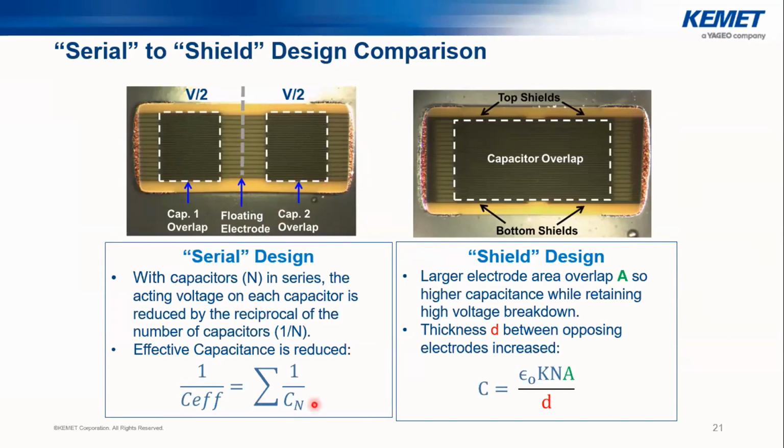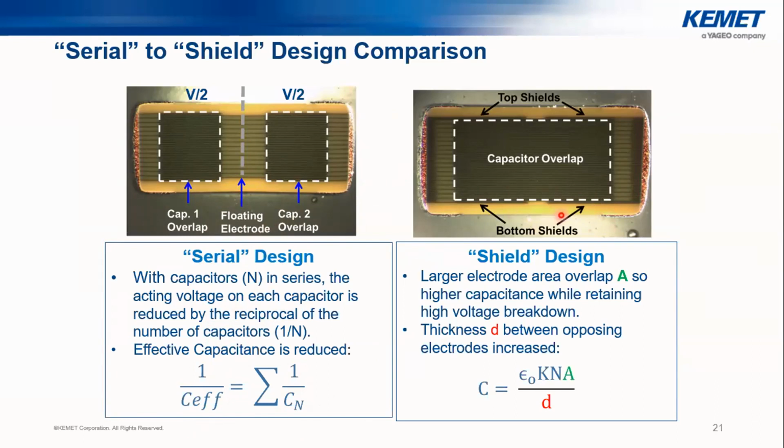Making them in series makes it possible to get to higher voltages, but at the same time reduces the total capacitance, 1 over C, according to the number of sections that we have.